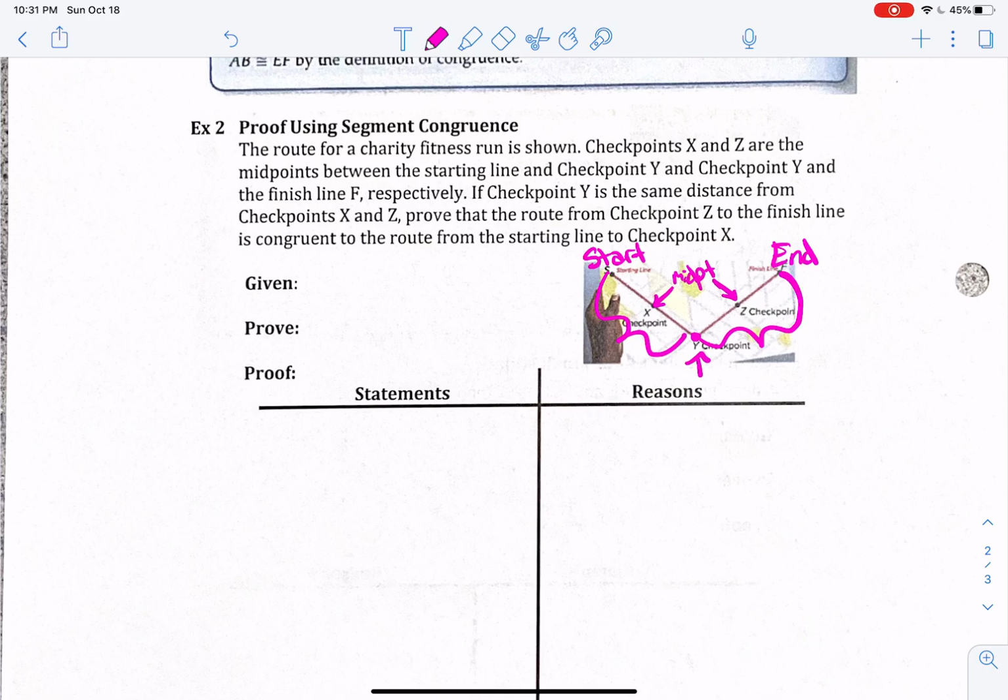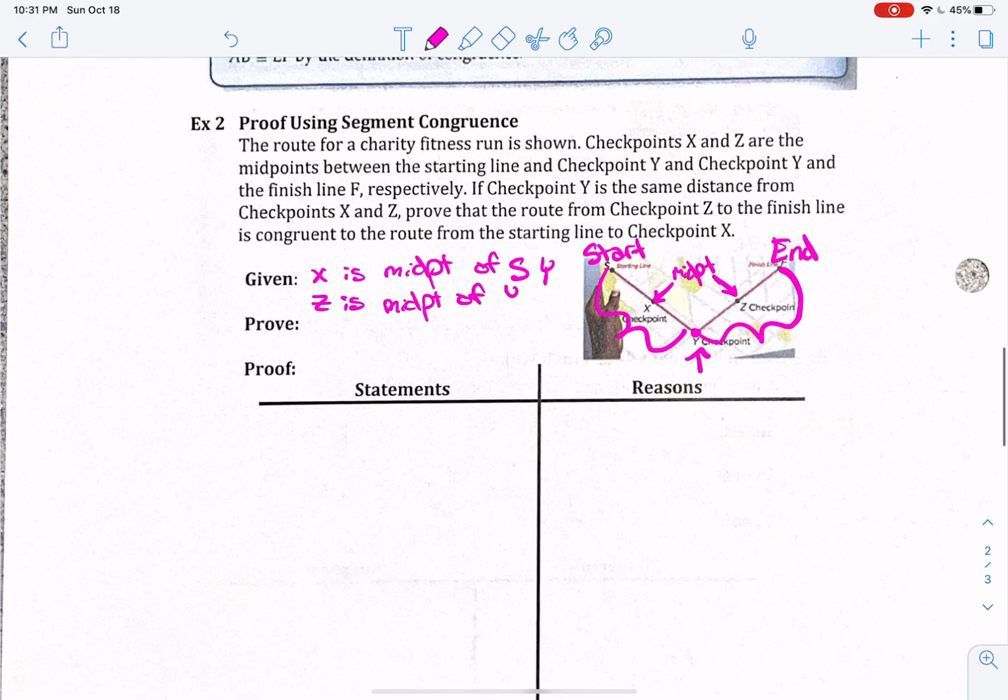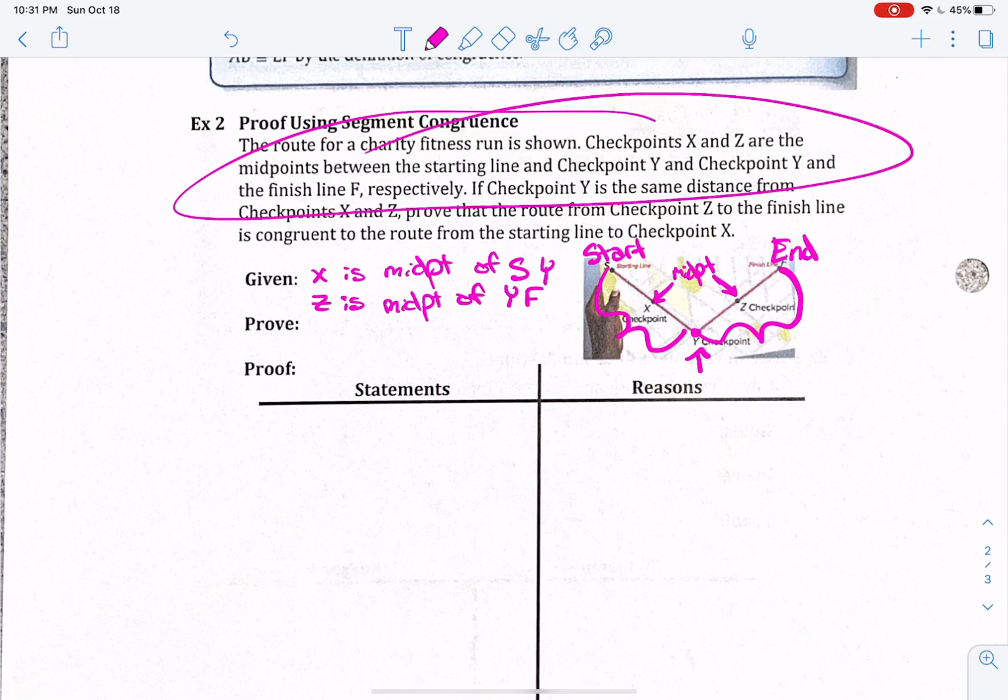Okay. That doesn't say given, but that is what we're given. So I'm going to say X is midpoint of SY, and Z is midpoint of YF. That's what we're given by these statements up here.